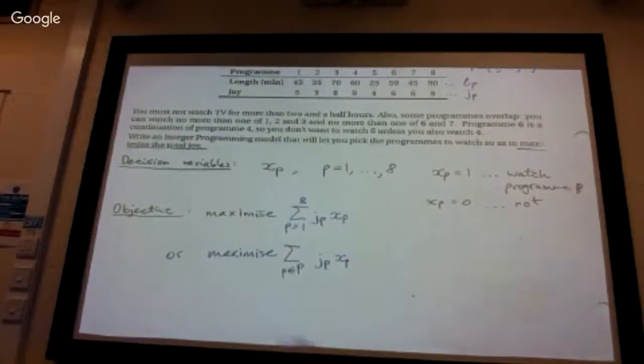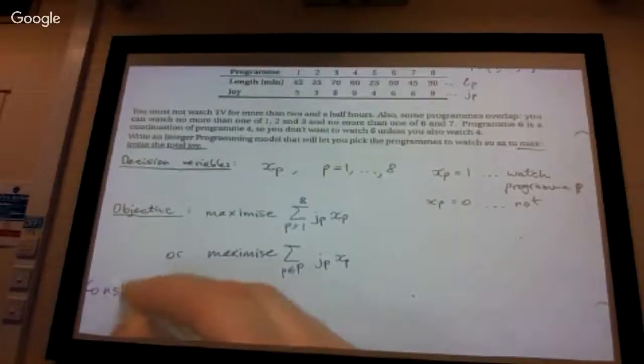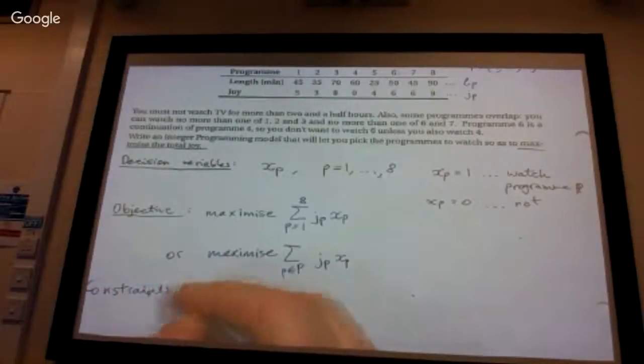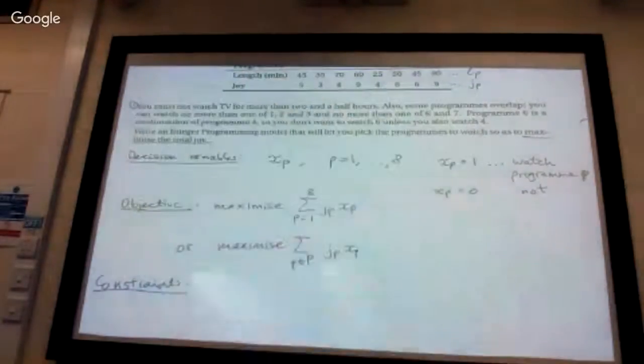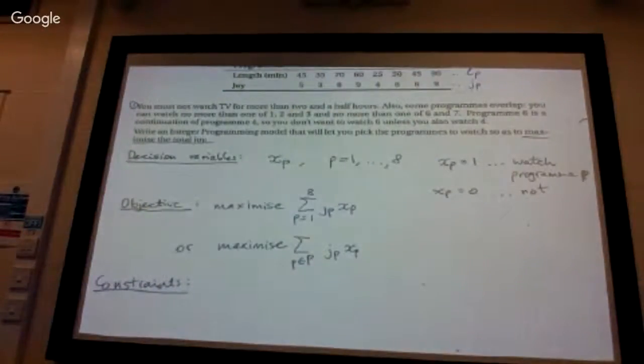Okay, and what are the constraints? The first thing that you see is that you must not watch TV for more than 2.5 hours.